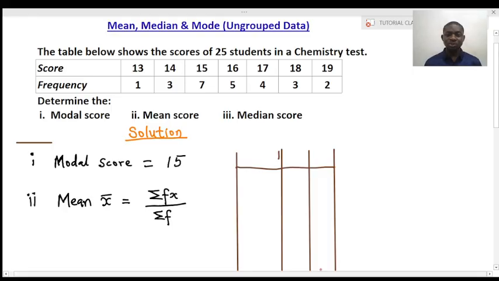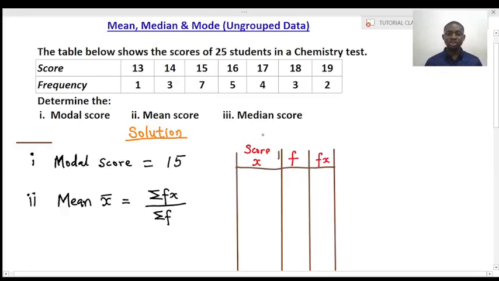For this table, we take the score, which we denote with small x, then the frequency f, and the product of frequency and score, fx. So we then put in all the values.